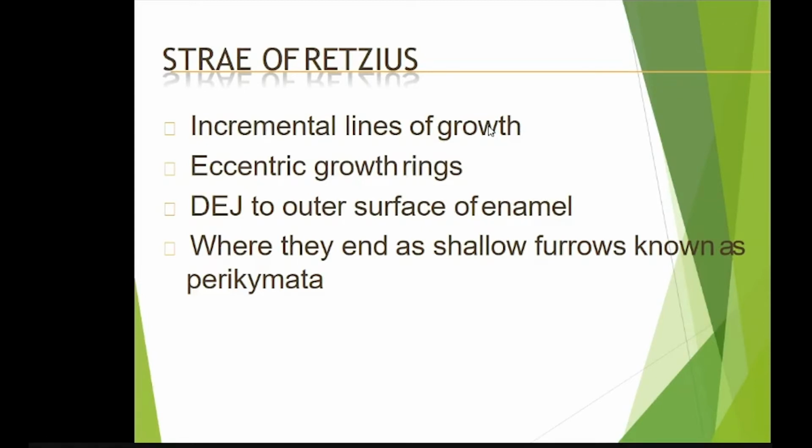No, it works in stages, many stages, taking many times. They are eccentric growth rings running from the dentino-enamel junction to the outer surface of the enamel, where they end as shallow furrows known as perikymata. A new word appeared for us: perikymata. The definition of perikymata: the striae of Retzius end at the surface of the enamel as shallow furrows, the ends of the striae of Retzius, the lines of the enamel.